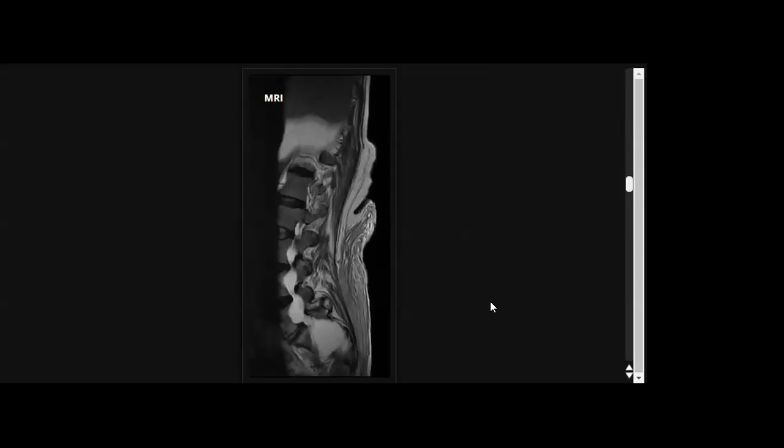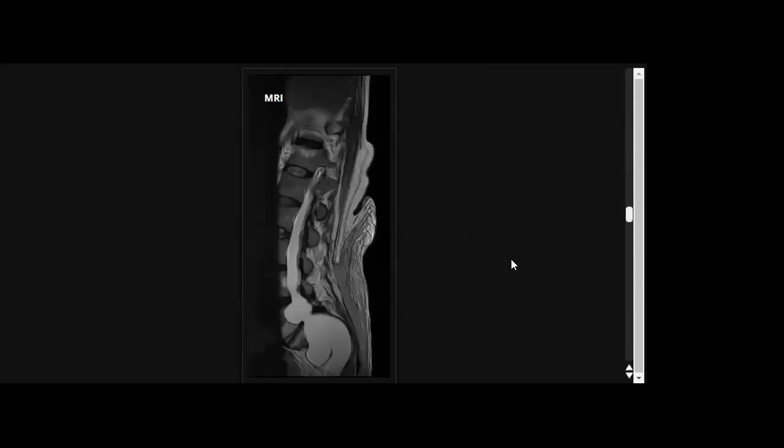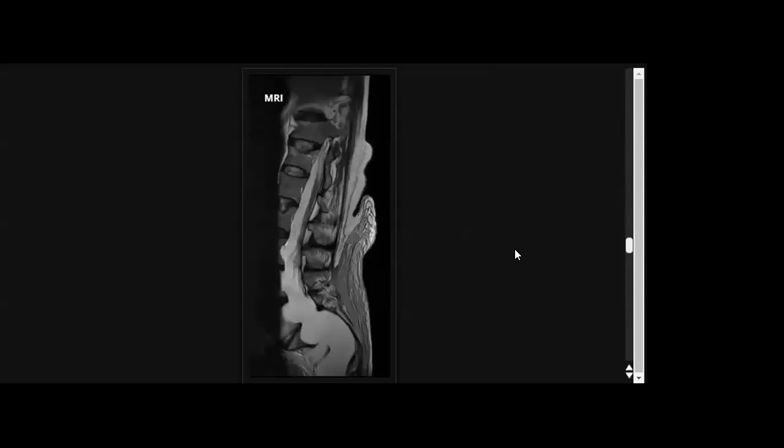I am provided with MRI lumbar spine T2 sagittal images in which I can see that there is dural ectasia, which is extending posterior to the lumbar vertebrae and lower down in the sacral region. This is resulting in scalloping of the posterior margins of the lower lumbar vertebrae and the sacral bodies. I can appreciate that there is a low-lying conus, with the conus medullaris extending up to the L4 vertebral body.